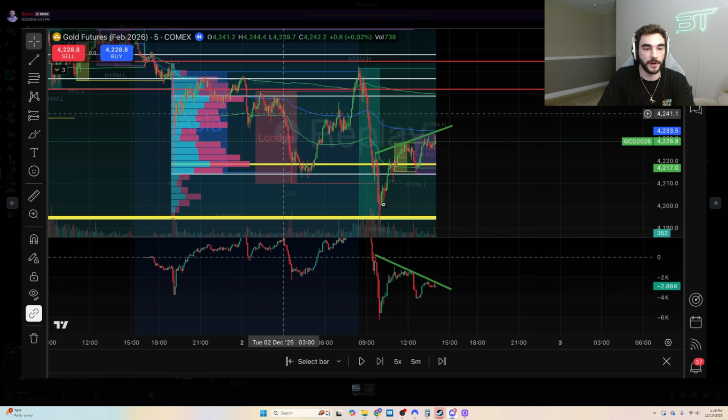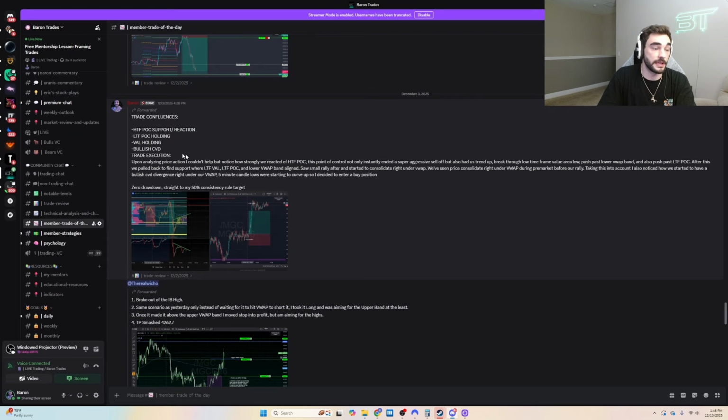He's identified, okay, I have this bullish CVD where CVD is moving lower, but price action's moving higher. That's bullish to me. We also just bounce out of this 4,200 level, high time frame value area high. That's my context. High time frame POC, I think he mislabeled this because that was a value area high for me.